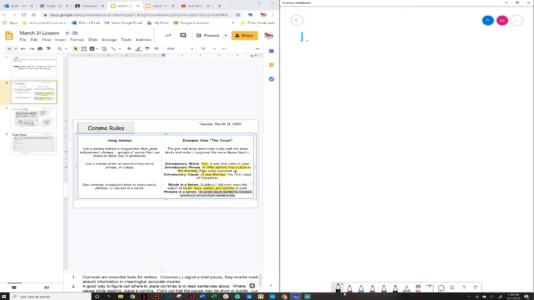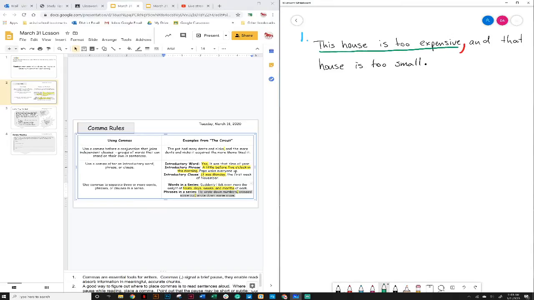So one example could be, this house is too expensive, comma, and that house is too small, period. Do you see how this is one independent clause?